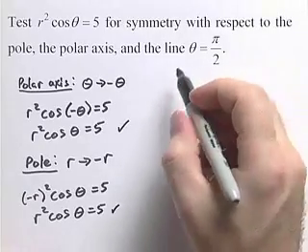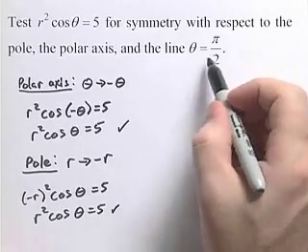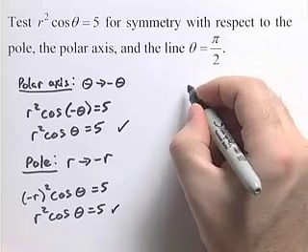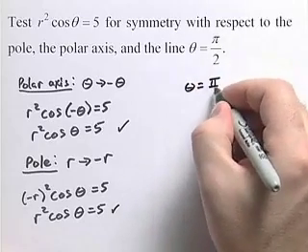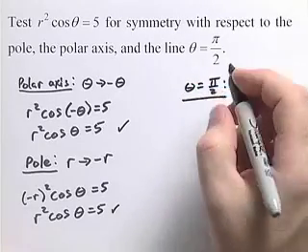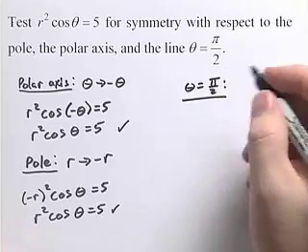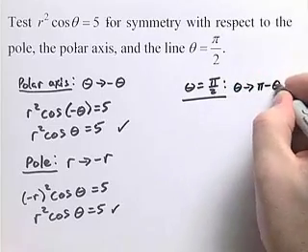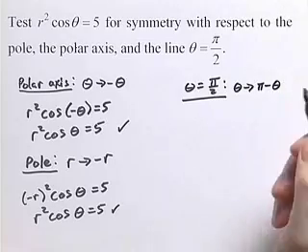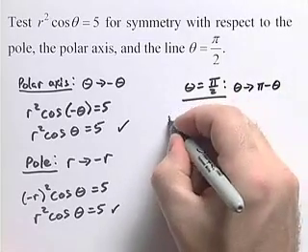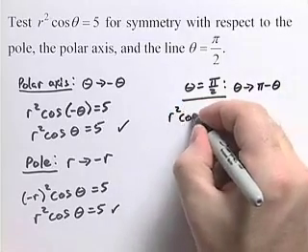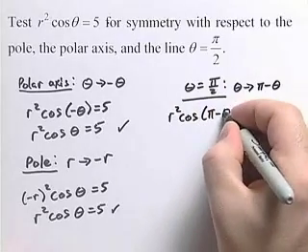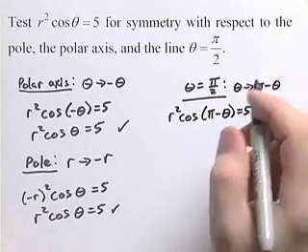Third symmetry we need to check for is symmetry around the line theta equals pi over 2. To check for this symmetry, we're going to replace theta with pi minus theta and see if we get the same result. So we're going to have r squared times the cosine of pi minus theta equals 5.